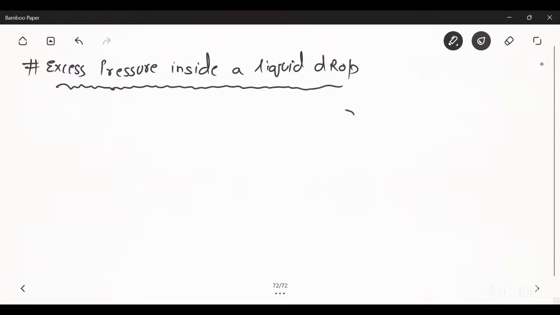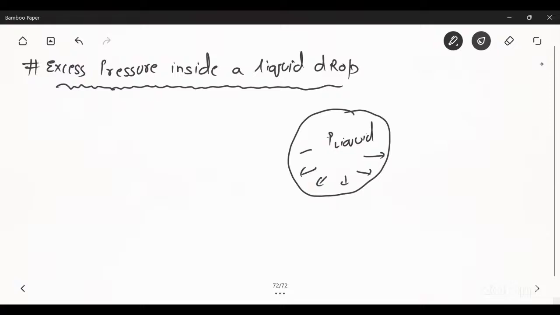So suppose this is the liquid drop. Inside the liquid, the pressure exerted on its wall is the pressure due to the liquid, and the outside pressure due to the air column is the external pressure.